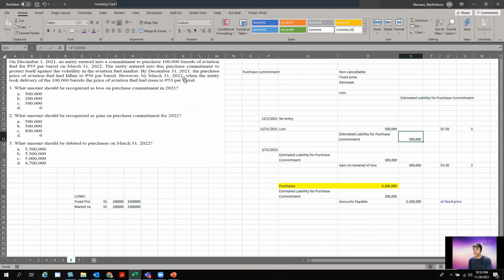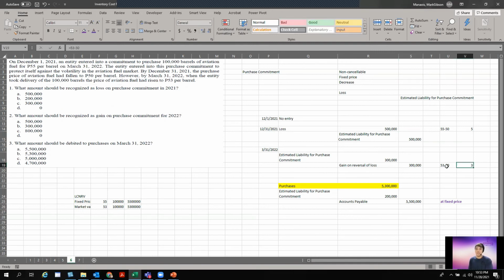Now, come March 31, 2022, ang tinatanong sa atin ngayon, yung recording ulit. So, again, in March 31, 2022, ang price na is 53. So, we have 53 minus 50, kasi 50 class, this is when we recognize that year-end.